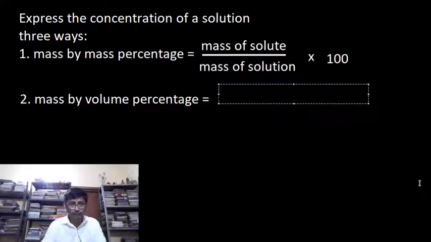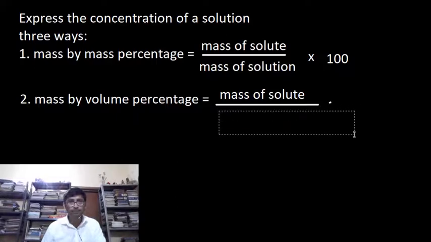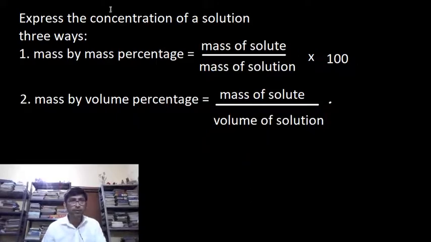In the numerator we will have mass of solute again, and in the denominator, instead of the mass of the solution, we will have volume of solution, and again we shall multiply this with 100.